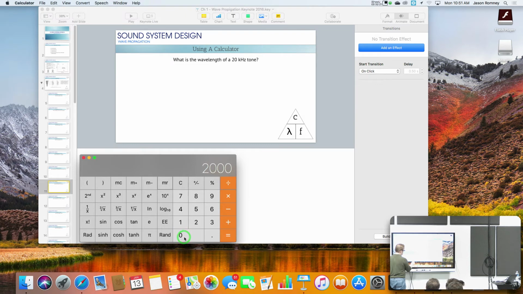I get 0.0565 feet. So 20,000 hertz is 0.0565 feet. It's teeny. It's like half of your pinky. Make sense? Easy to stop, right? Something this small, no problem. We can stop 20 kilohertz easily. Stopping 100 hertz, that's another thing, right?